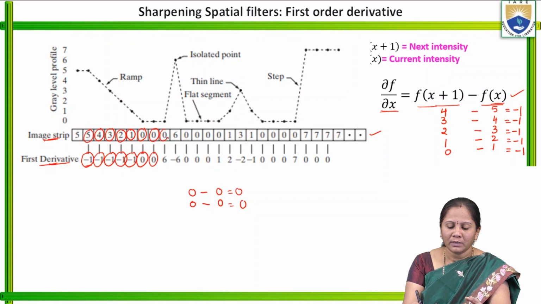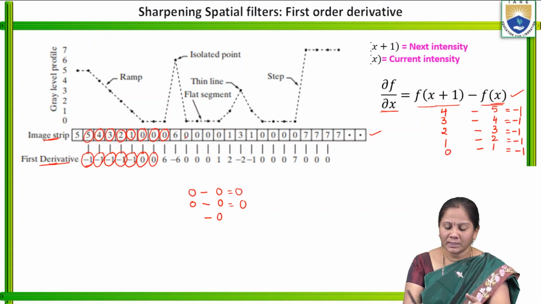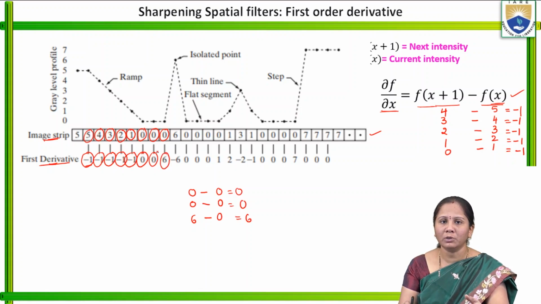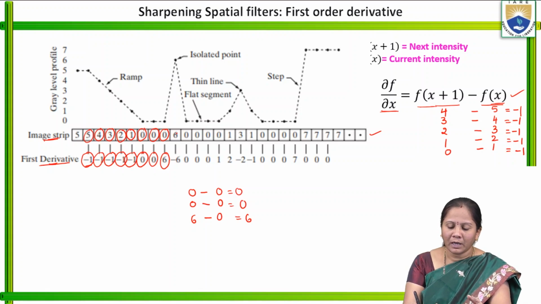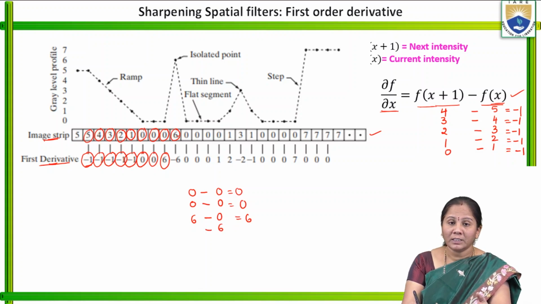And here the next current intensity value is 0, and the next intensity value f of x plus 1 is equal to 6 here. So 6 minus 0 is equal to 6. So the output, that is the first order derivative, will be equal to 6. And coming to the next current value, the current value is 6, and the next intensity value for this is 0.